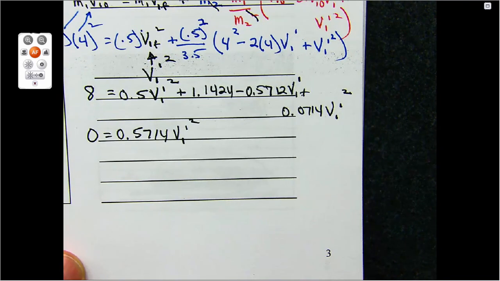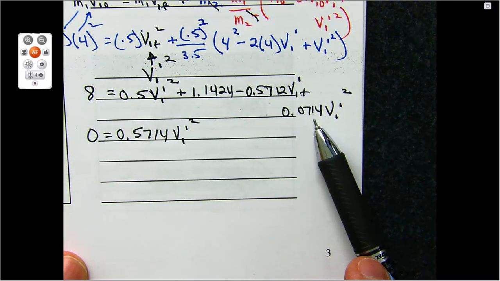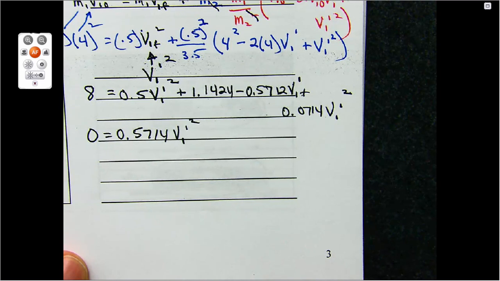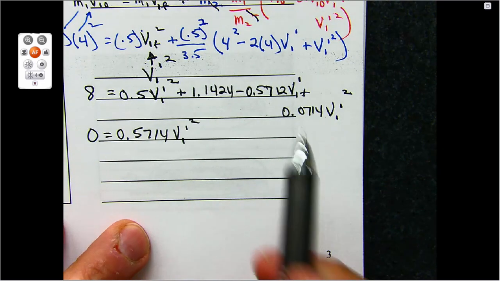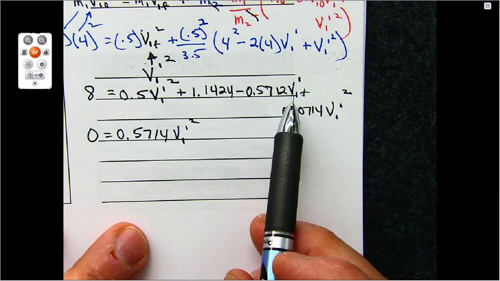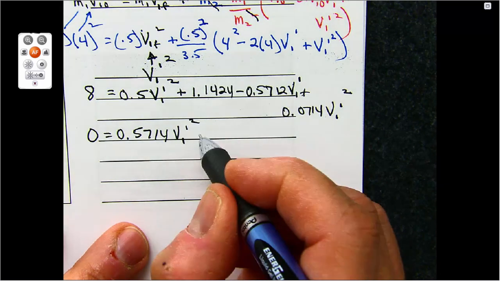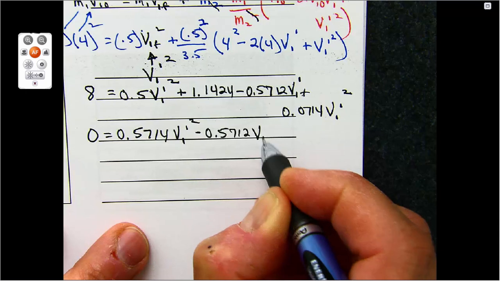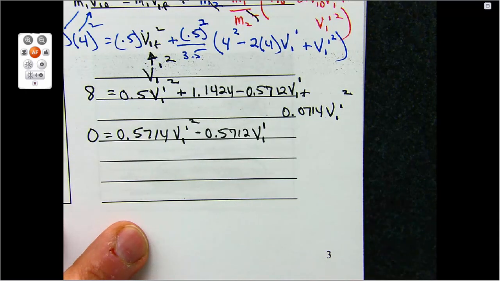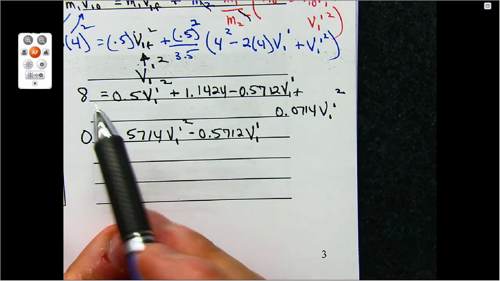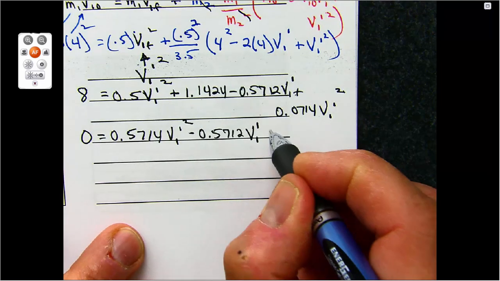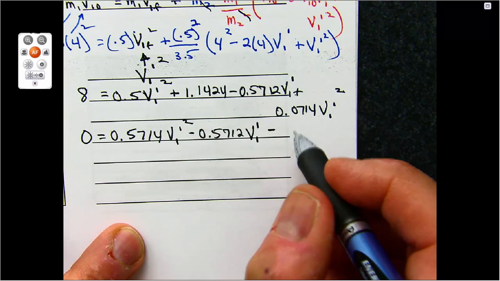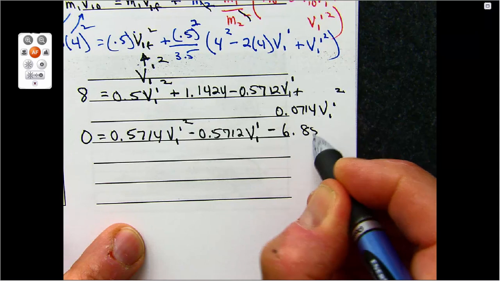There's my x squared term. Right? All I did was add my 0.5 and my 0.0714. Then, here's my V1 prime. So this is minus 0.5712 V1 prime. And then my 8's going to come to the other side and be negative. I'm going to have negative 6.857.